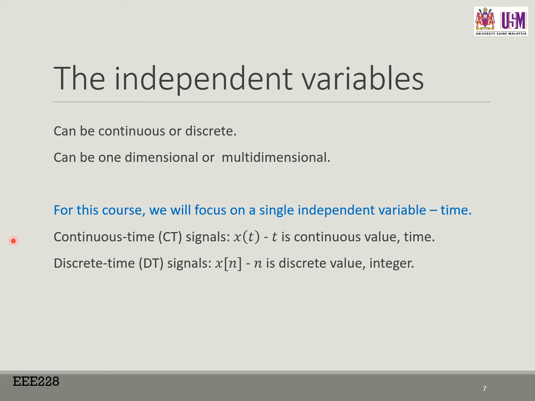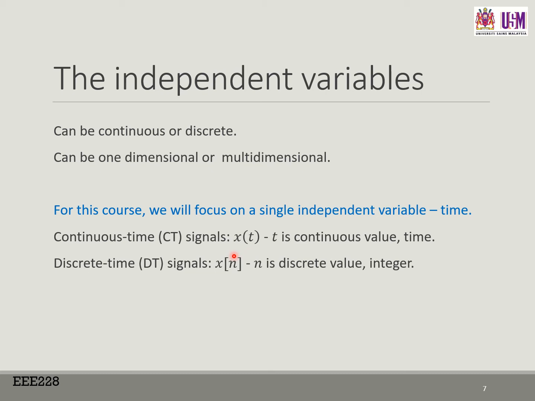But in this course, we will focus only on signals with a single independent variable, and the variable is time. We will only look at one variable, and only the variable time. In this course, we will use this notation for continuous time signals, for example, x of t. We use the small x in parentheses. We have t, which represents the independent variable.